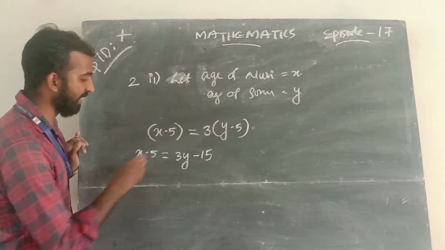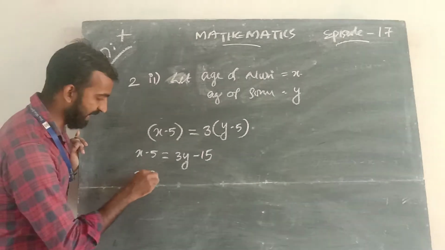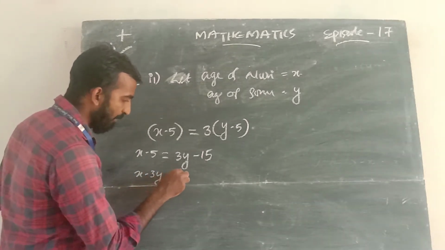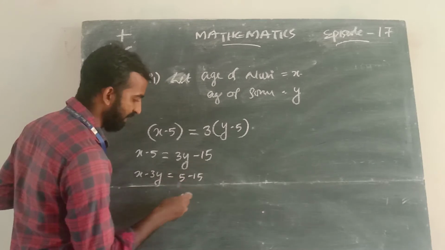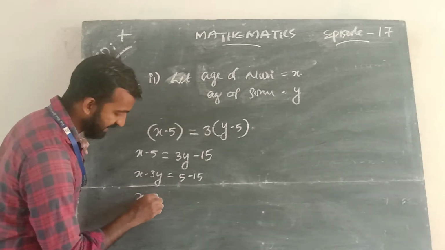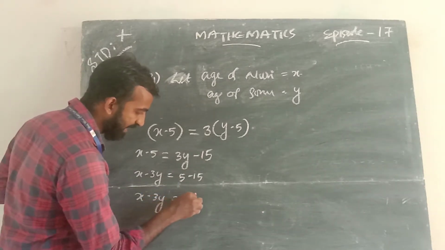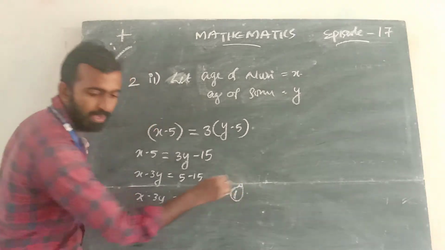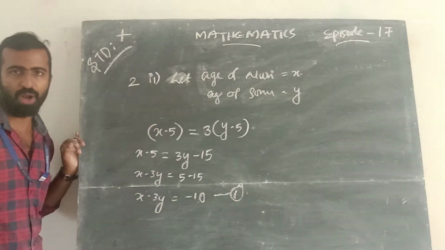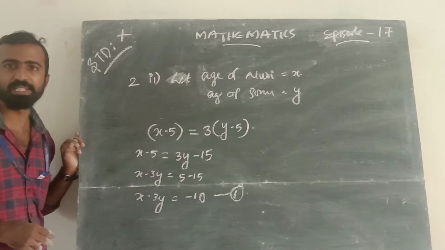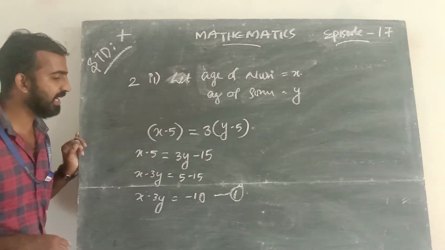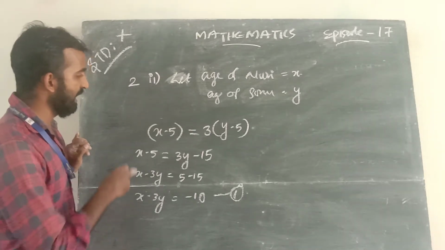Next step, x minus 3y equal to 5 minus 15, that is x minus 3y equal to negative 10. That is equation number 1. And next one is what?